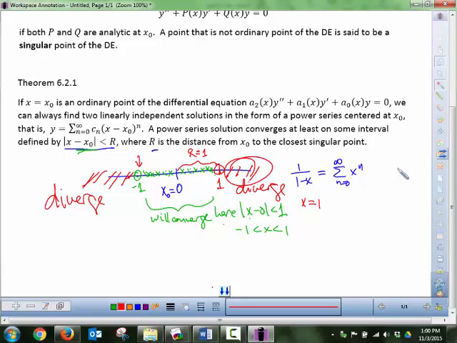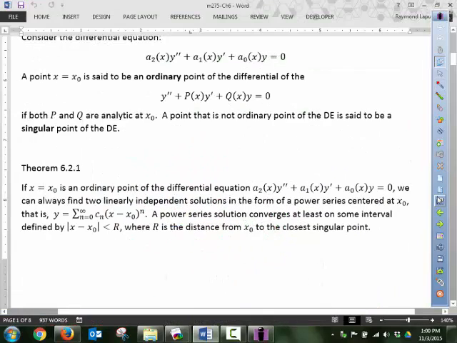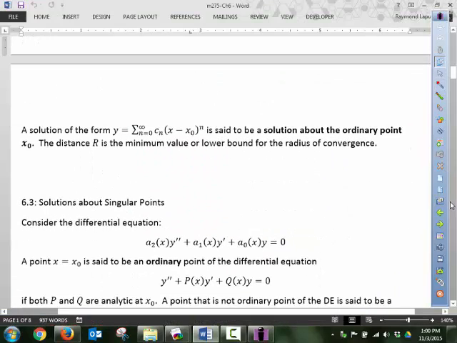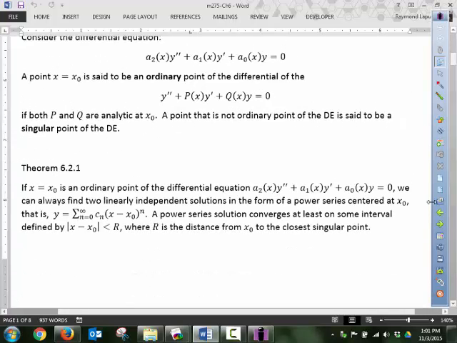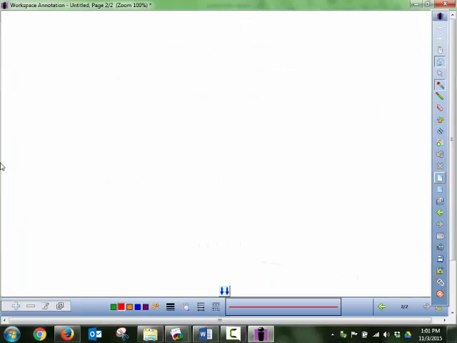Okay, so let's take a look at an example maybe. Let's do another example of a differential equation that we should know the solution to. So let's make up a second order differential equation that we know the solution to.